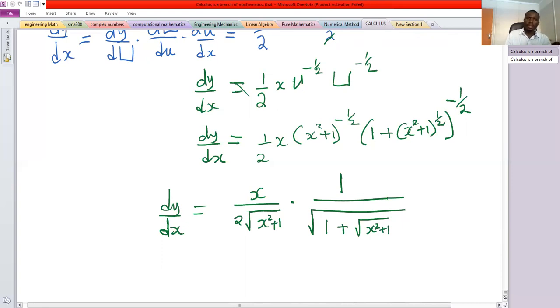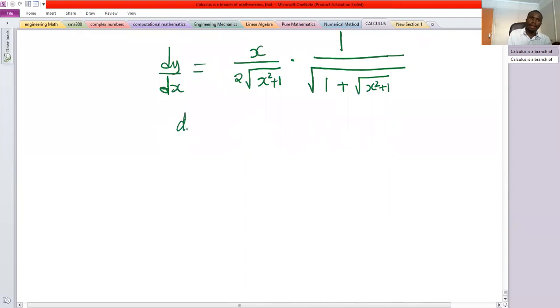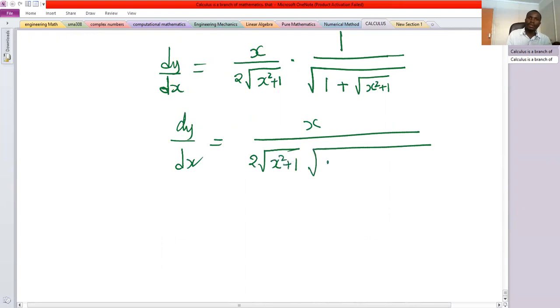Or you can write this as dy dx equals x over 2 root x squared plus 1, and then root 1 plus square root of x squared plus 1. That's what we have. So this is the dy dx of the given function.